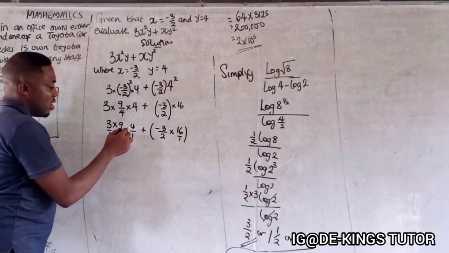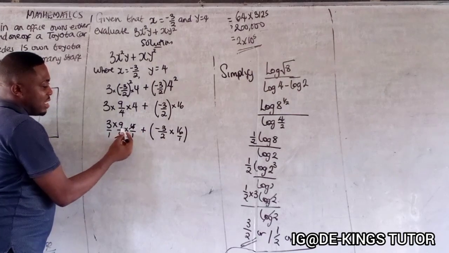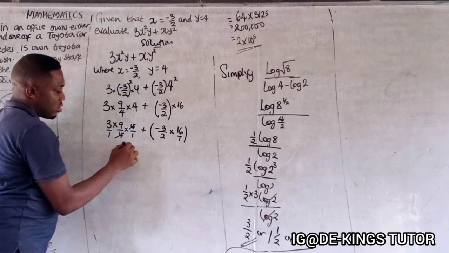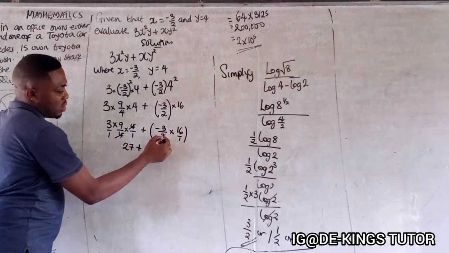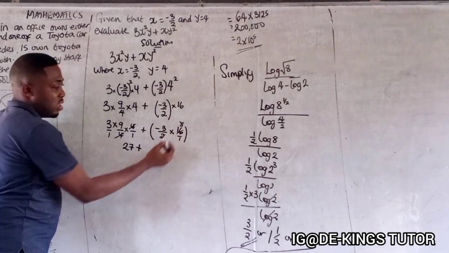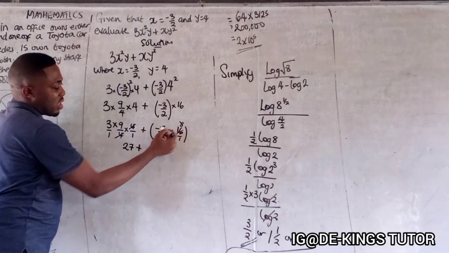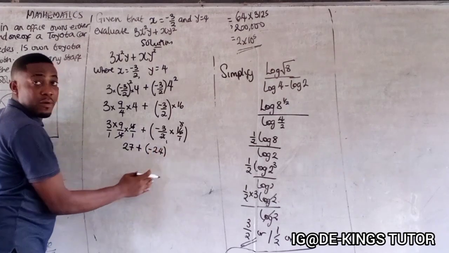So here now, before we cancel, 3 times... 2 into 16 is 8. 8 times minus 3 is minus 24.